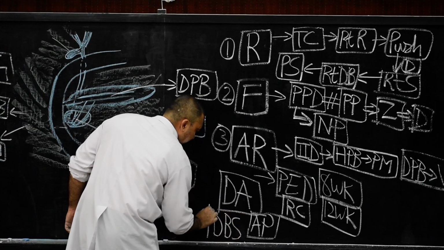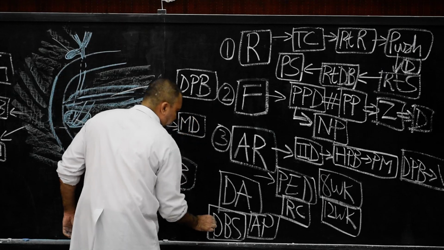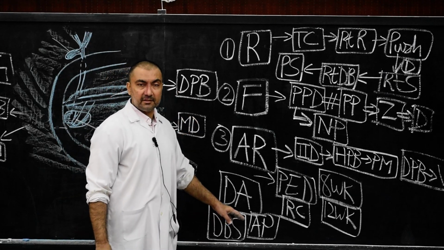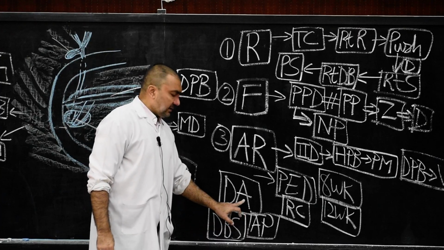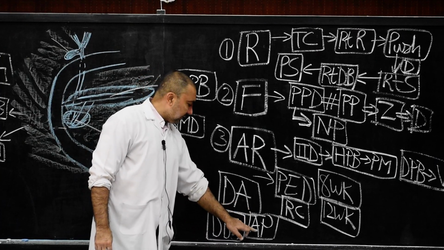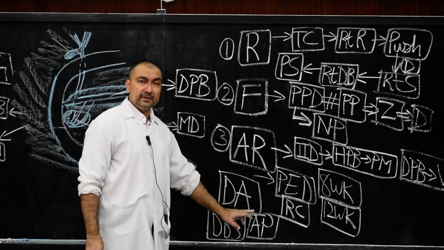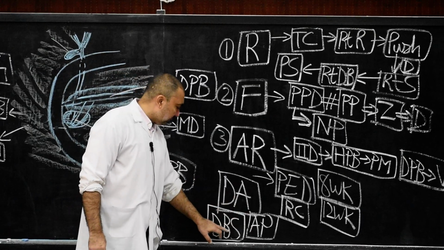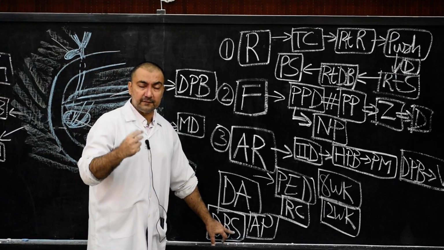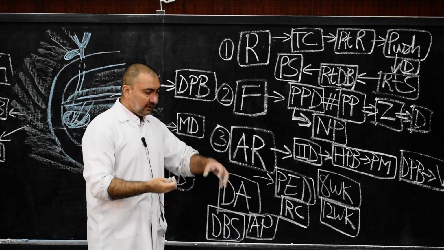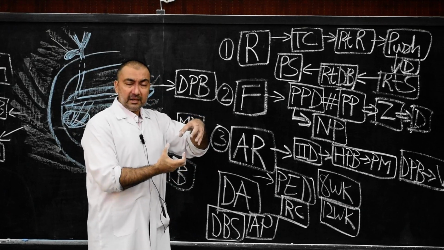What is the double bubble sign? In case of ultrasound examination of neonates, there will be duodenal atresia which is caused by annular pancreas, and as a result of duodenal atresia there will be the double bubble sign present on ultrasound examination of the neonates, in which there will be two dilated parts.